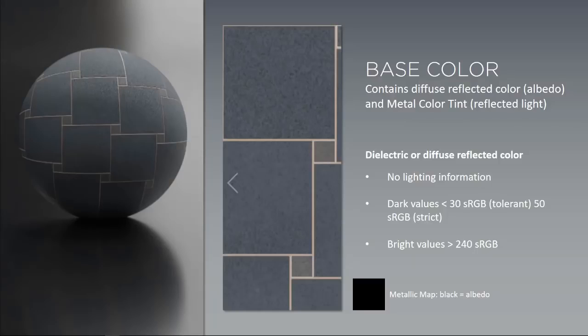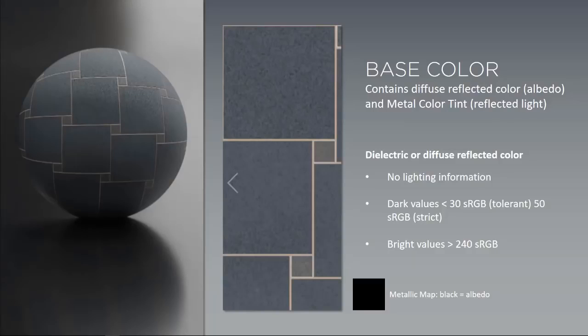When you say 30 sRGB there, does it mean 30 on a 0 to 255 scale? Yes, that's correct. If you're not entering floating point values but just working with sRGB, we're talking 0 to 255.